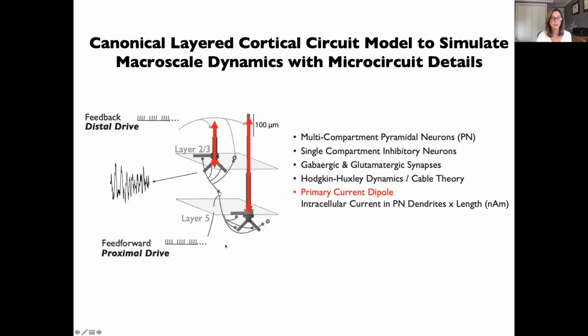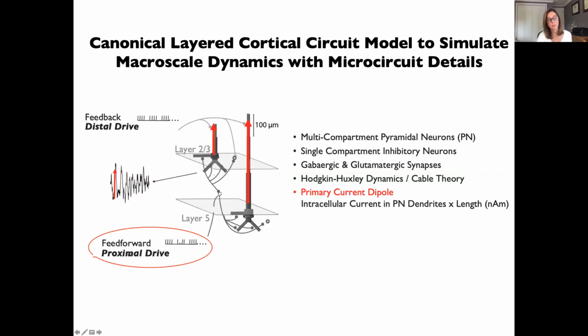Instead, we generate trains of action potentials that represent the input from these other brain areas. So for example, to consider feed-forward drive, we could simulate a train of action potentials that activate excitatory synapses in the local network in this feed-forward or projection pattern that we call proximal drive, because it effectively hits the proximal dendrites of these pyramidal neurons.